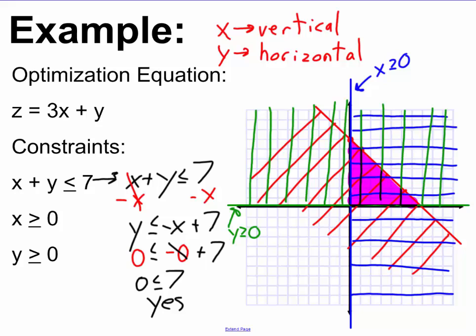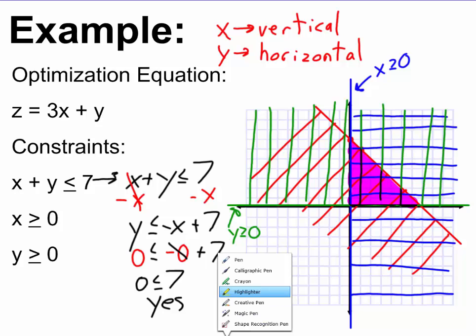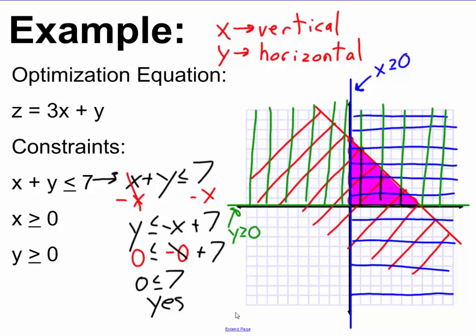Okay? So our goal here then is to try and find, step 3 is find our corners. What I mean by our corners are points like this one. Okay? Points where the actual equations in that feasible region, that shaded area, comes to an end. We want to find those coordinates. So that one looks like it's at 1, 2, 3, 4, 5, 6, 7, comma 0.